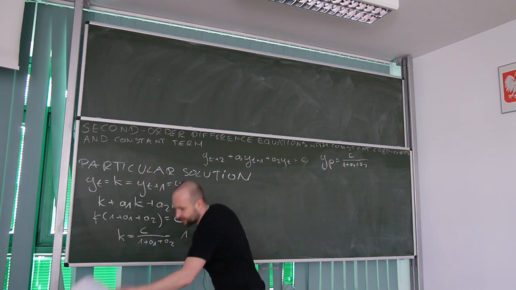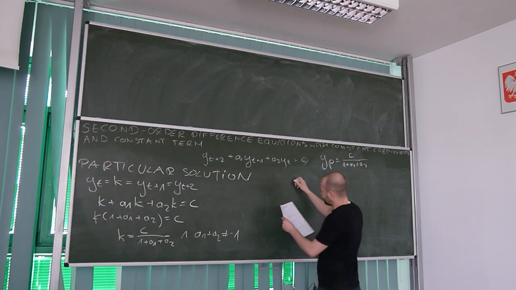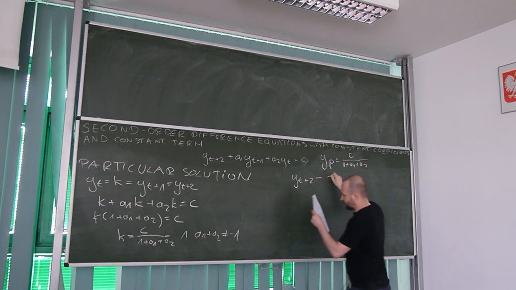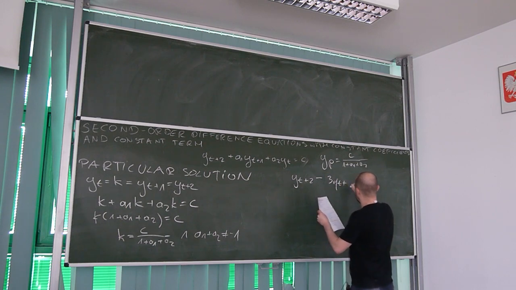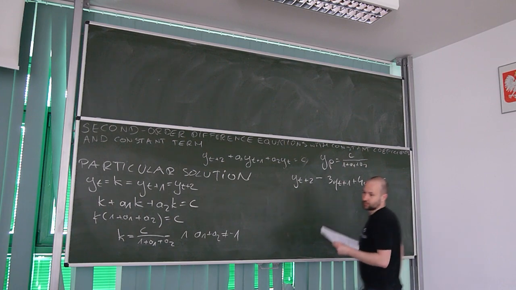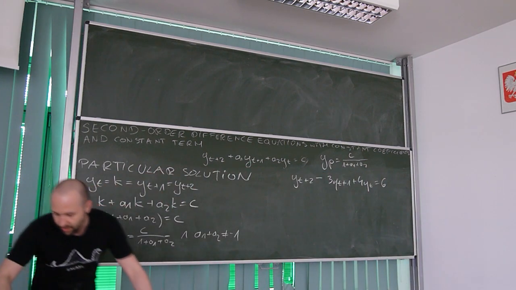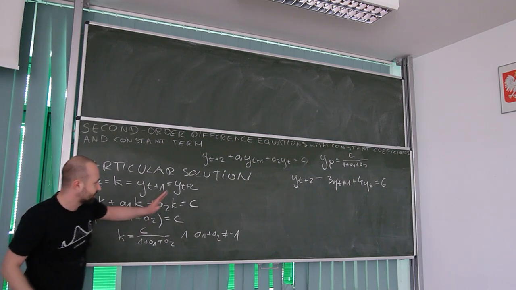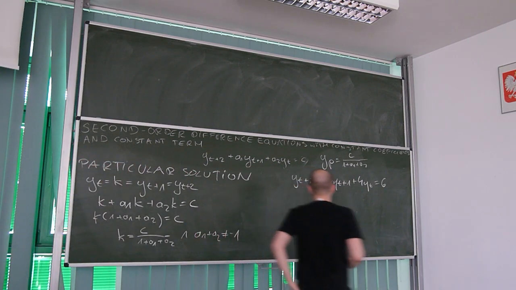Okay, let's try an example. We've got y_{t+2} - y_{t+1} + 4 y_t = 6. We are looking just for equilibrium values, so we are looking just for the particular solution.